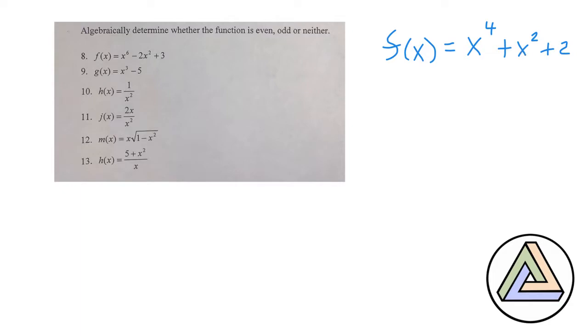So anytime you have terms that have x in them with an exponent that's even, and a constant here and there, maybe, it's even, okay? But the cardinal rule is if all of the exponents hovering above the x terms are even, it's an even function.